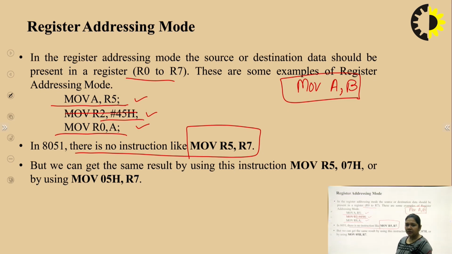But here in microcontroller 8051, the data cannot be transferred between two registers. So move R5, R7 cannot be done. It is an invalid instruction.